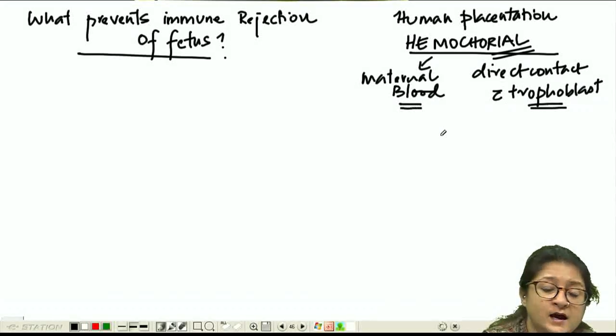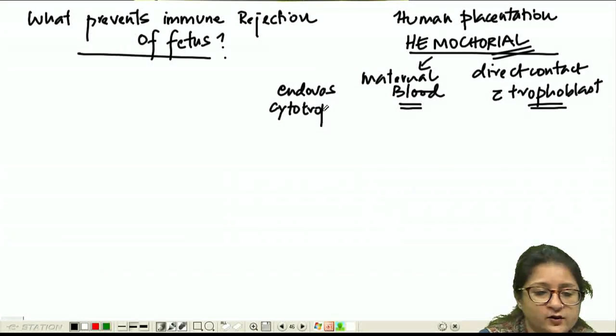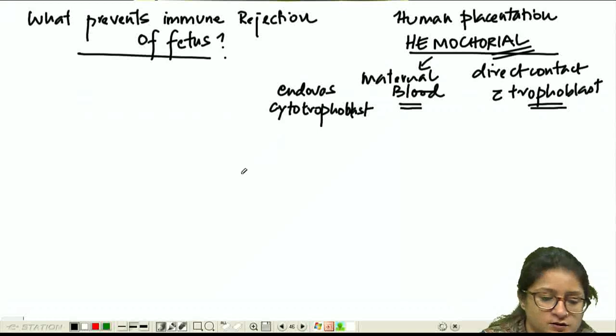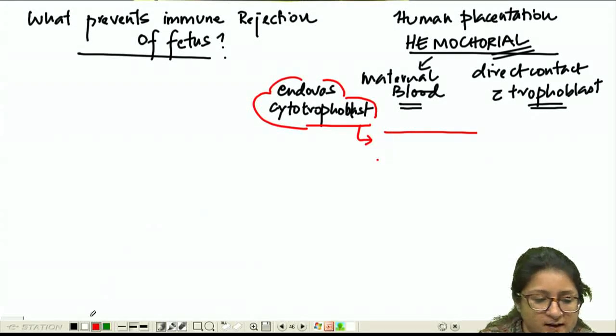Now how is maternal blood in direct contact with the trophoblast? We understood that during trophoblastic invasion we had cytotrophoblast and syncytiotrophoblast. These endovascular cytotrophoblasts went and invaded the spiral arterioles.